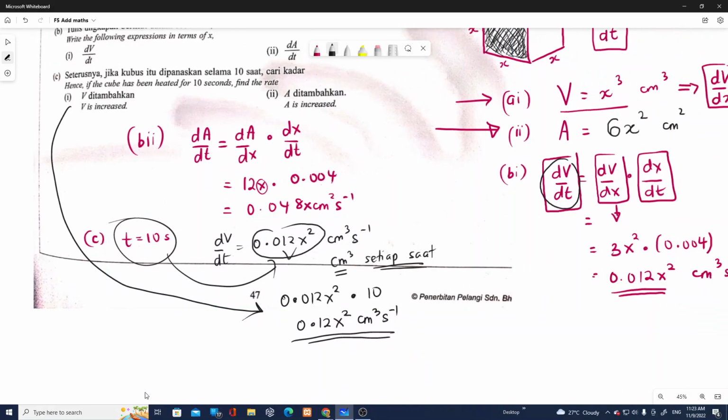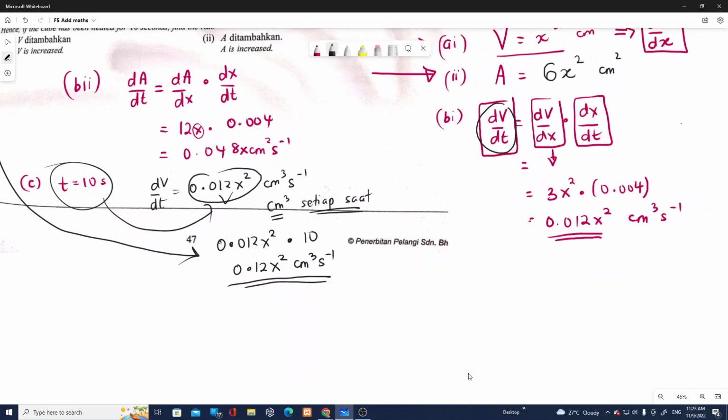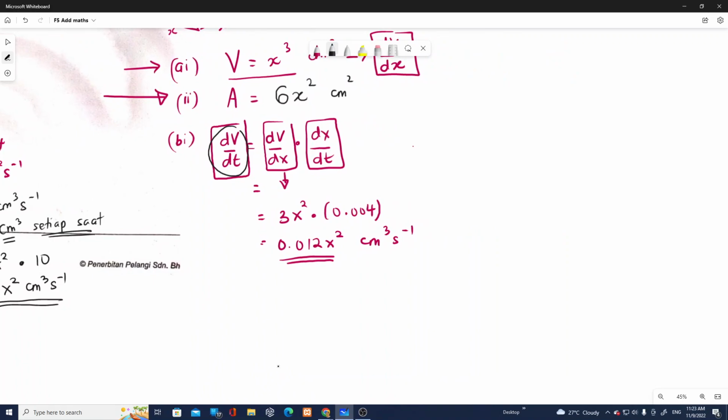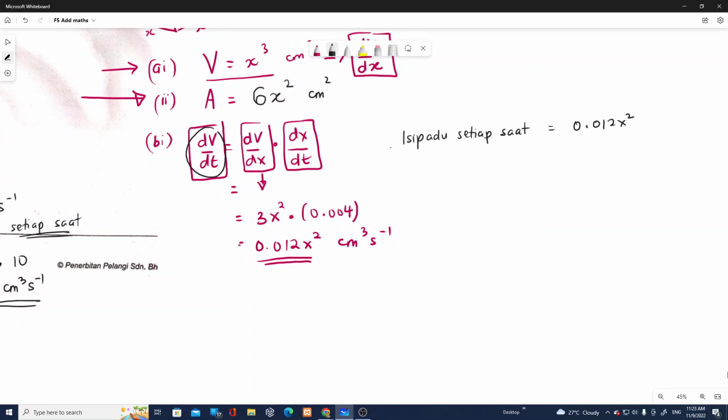Okay, saya cuba sekali lagi. Kamu nampak Dzul, B1 apa jawapan dia? 0.012x kuasa 2. Maksud ini ialah isi padu setiap saat. Satu saat dia ada sebanyak isi padu ini.